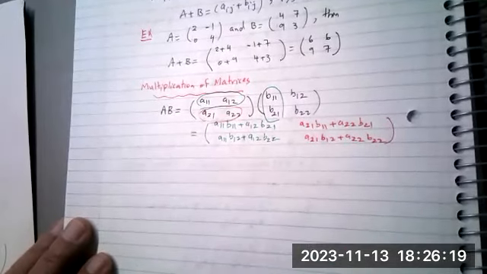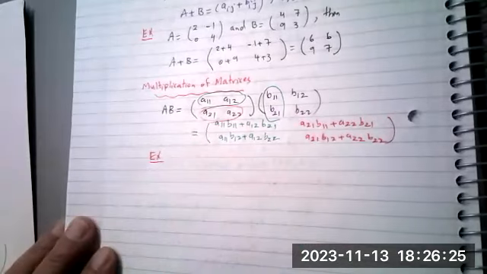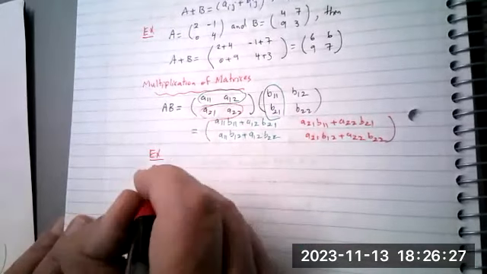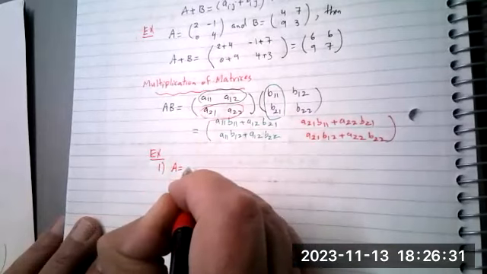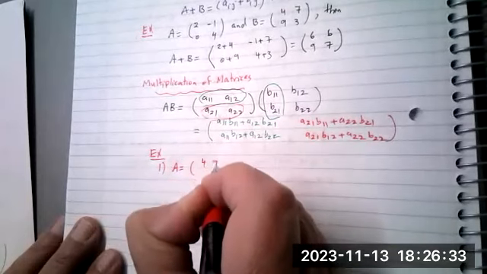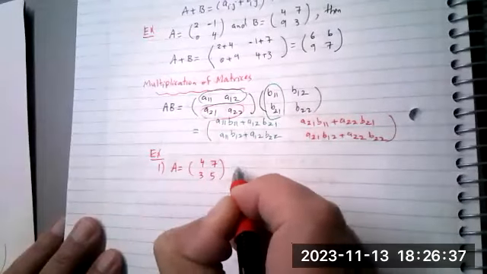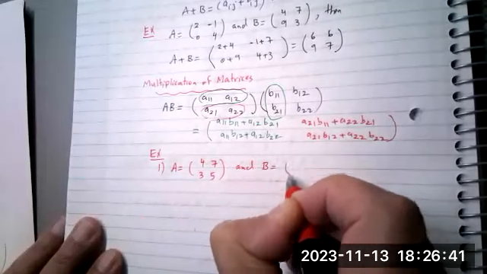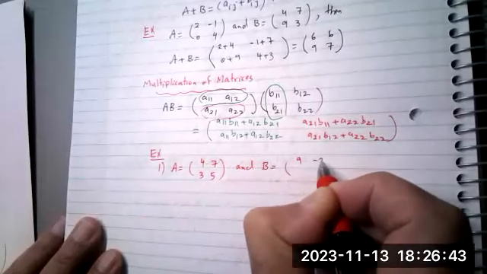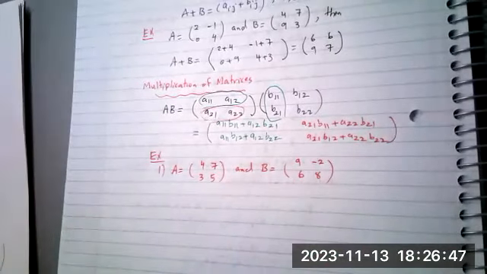So give you an example, see how we're going to operate. Example, suppose you have the following, A equal to 4, 7, 3, 5, and the other one is B equal to 9, -2, 6, 8. So we're going to multiply them together.